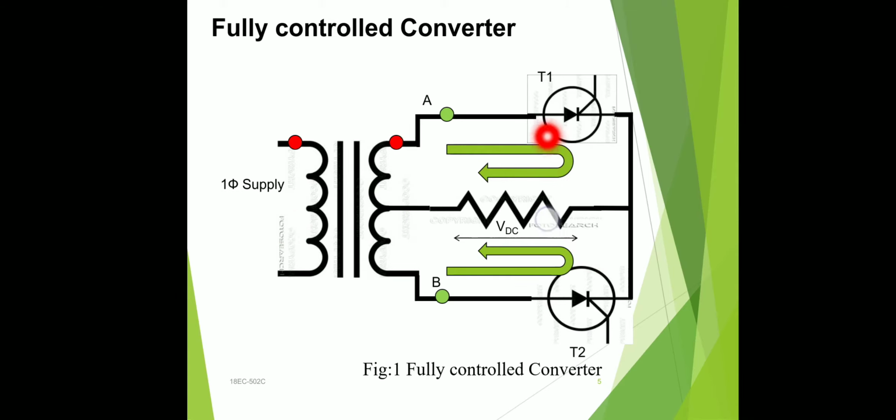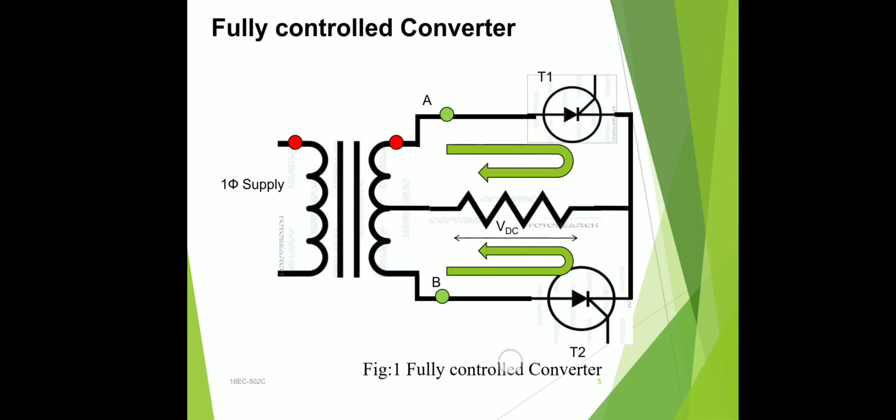And two SCRs. The anode of SCR T1 is connected to point A of the secondary of the transformer. Right.